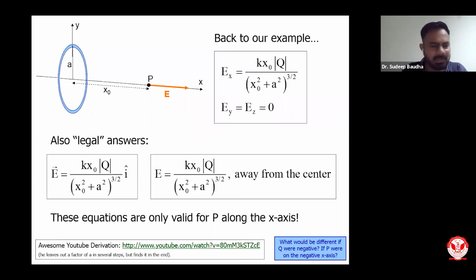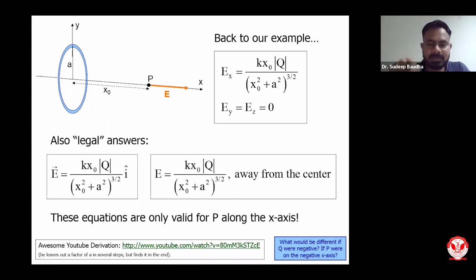You can even watch some YouTube videos. I'm sharing the links with my slides so that if you find some time, you can do some more analysis of this, because there are so many combinations of this problem. Now, suppose the point is located at some other position, then the electric field will be different.